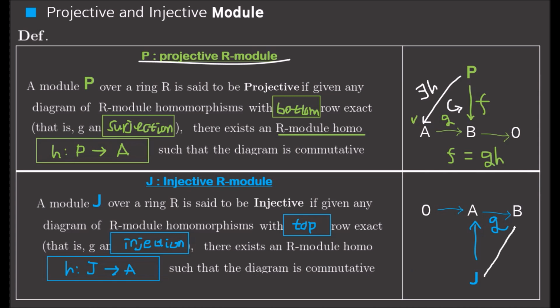We can go from J to B, and the commutative diagram holds. So there exists an R-module homomorphism H such that F is the composition H after G. Then the module J is called an injective R-module.